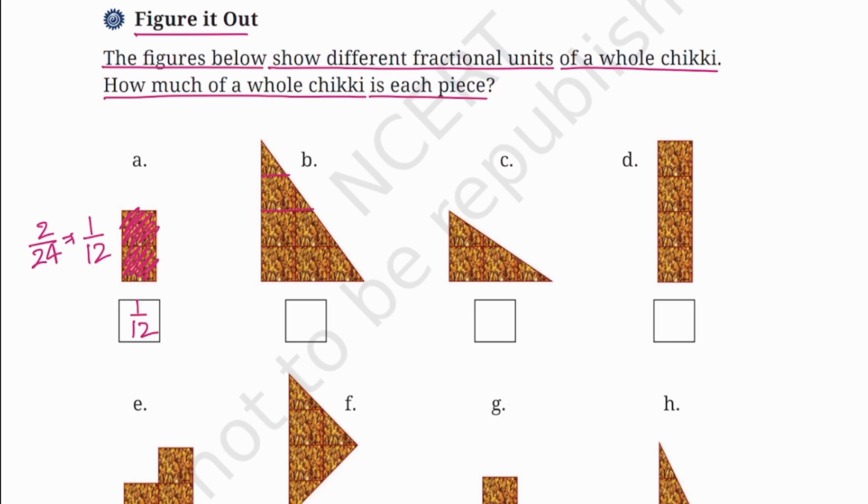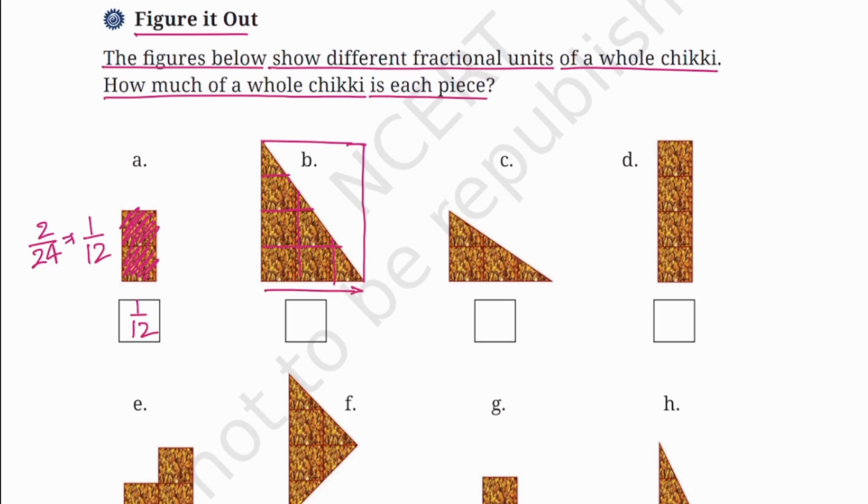Similarly, you can see a chickpea in the shape of a triangle. You already know the area of a triangle is half of the area of the rectangle formed by its double.